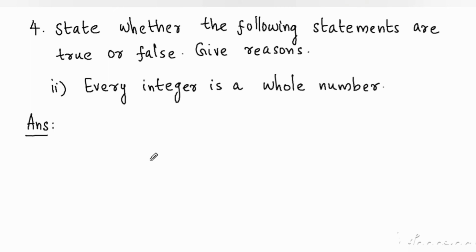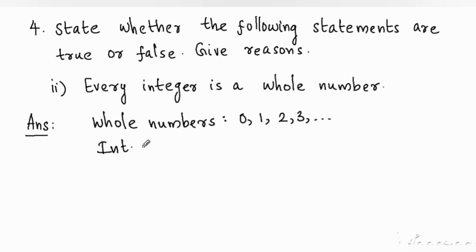Then we can move on to the second statement. Every integer is a whole number. Here also we can list whole numbers and integers. So whole numbers include the numbers 0, 1, 2, 3, etc. Then integers include negative numbers, 0 and positive numbers. So we can write etc., then negative 2, negative 1, 0, 1, 2, 3, etc. So these are integers.